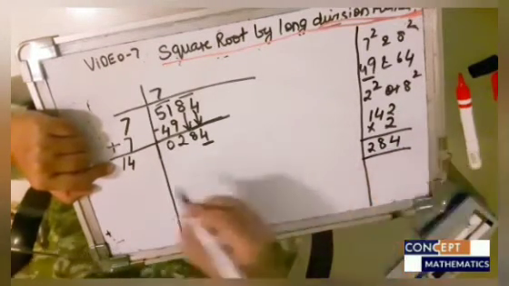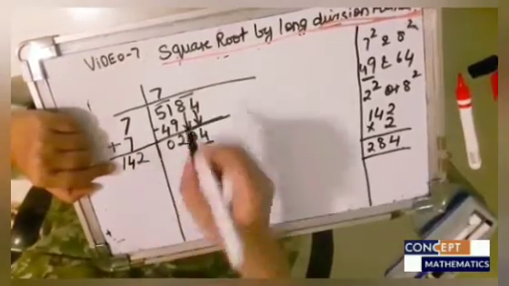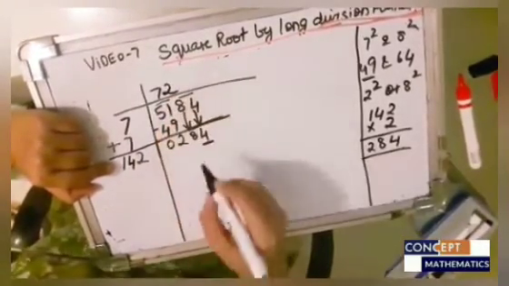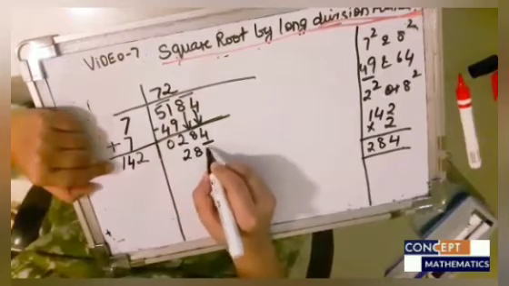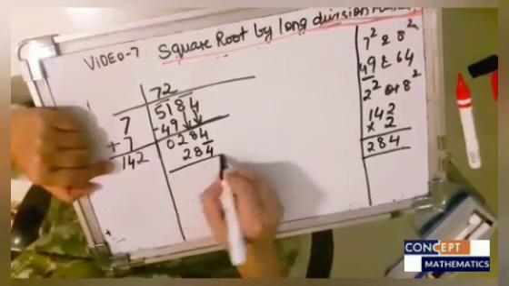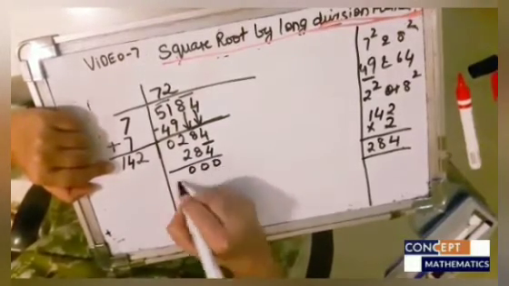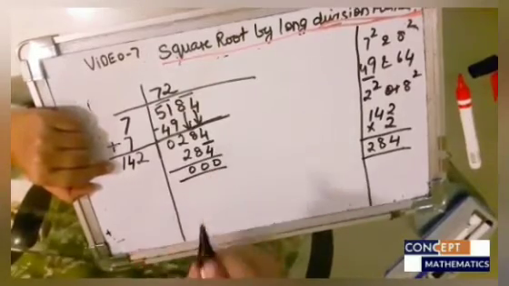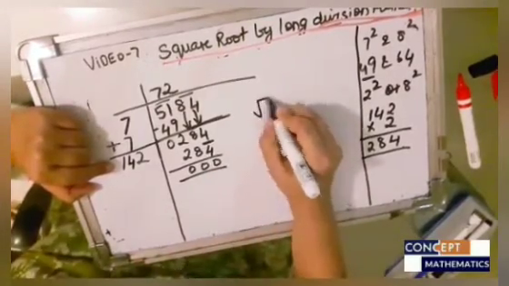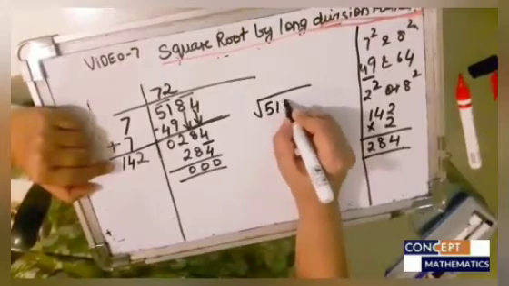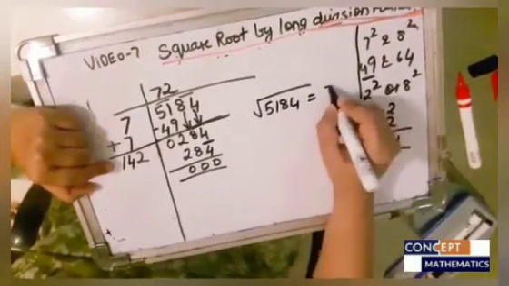So 284. So when you write here 2, you have to write here also 2. So 142 into 2 will give you 284 and the number is fully divided. So the square root of 5184 is 72.